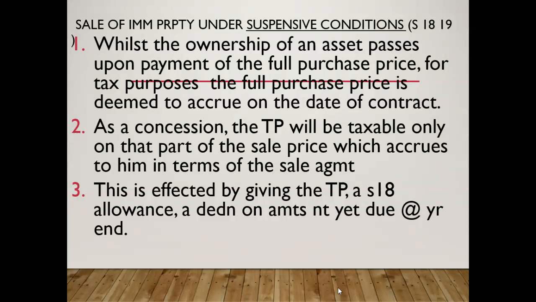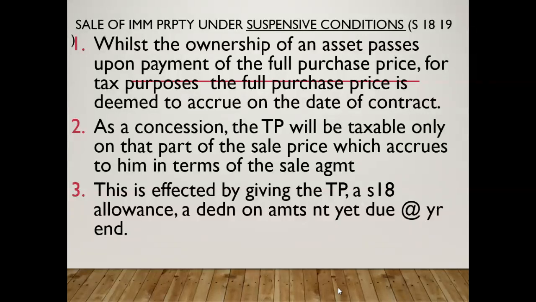So when we say suspensive sale conditions, we are saying ownership will only pass upon payment of the last installment. But ZIMRA will say no, the whole $1,000 accrued to you on the date of purchase or the contract date, that is in the first month.